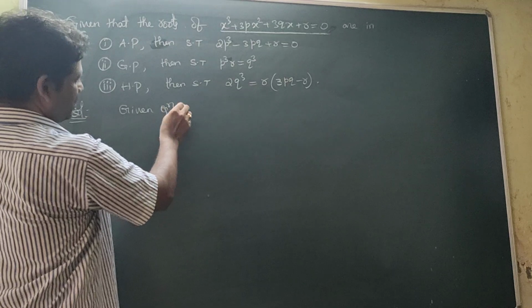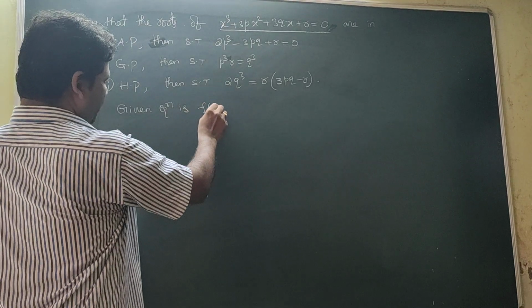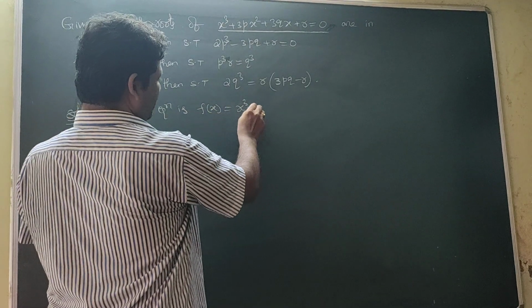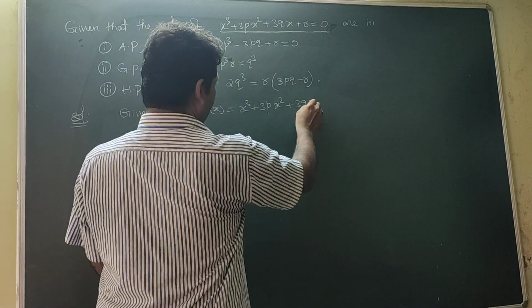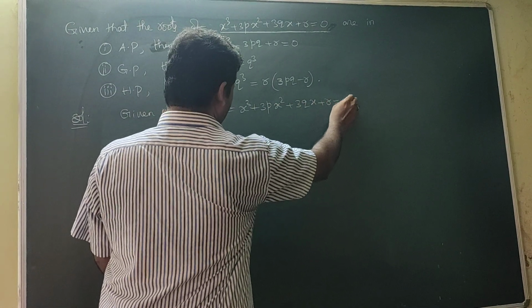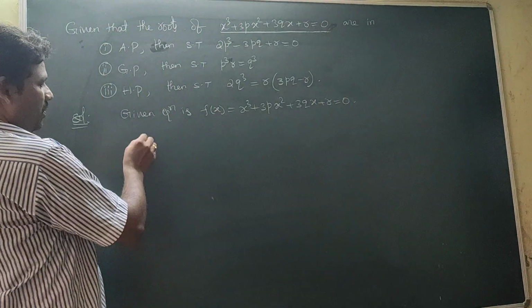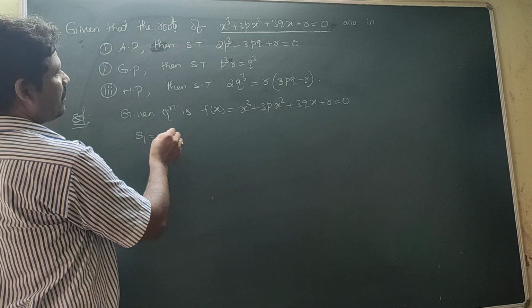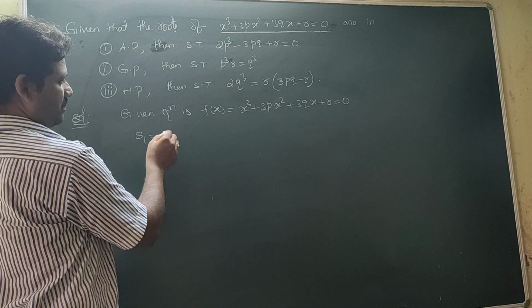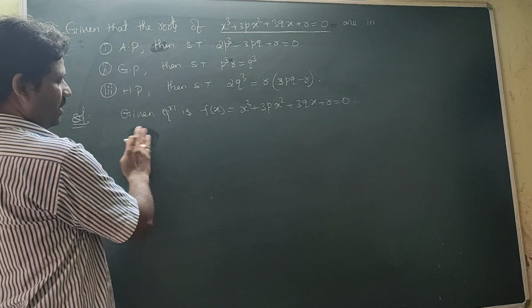Right. First thing. So what is the given equation? Given equation is f of x equal to x cube plus 3px square plus 3qx plus r equal to 0. What is the S1? S1 equal to. So this is a given equation.